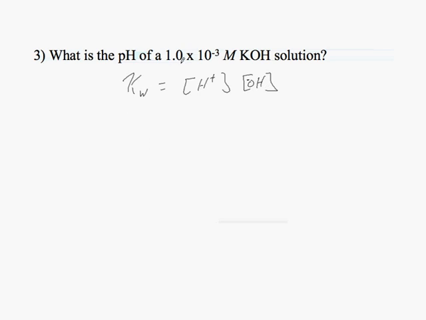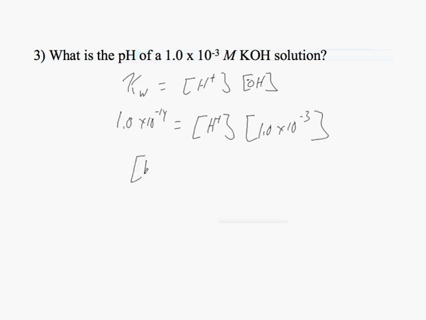The hydroxide ion concentration is 1.0 times 10 to the minus 3. Our Kw is equal to 1.0 times 10 to the negative 14, which is equal to our hydrogen ion concentration times 1.0 times 10 to the minus 3.